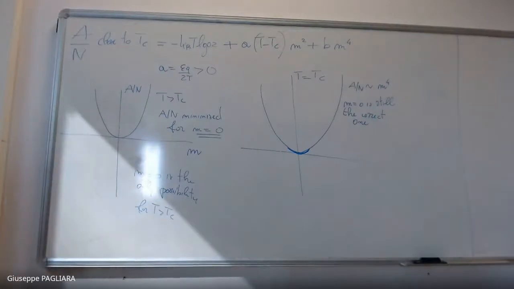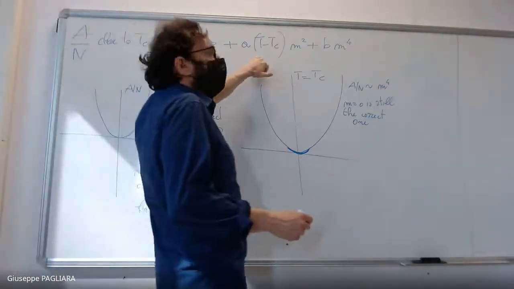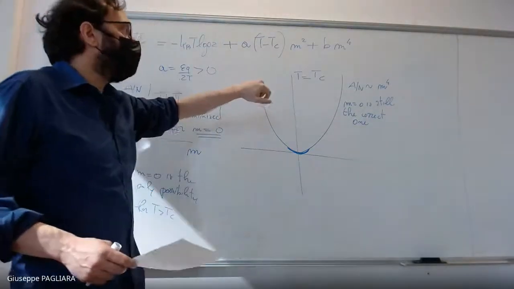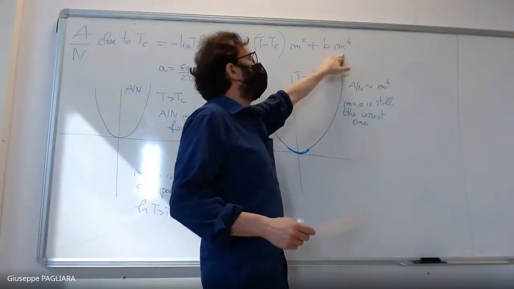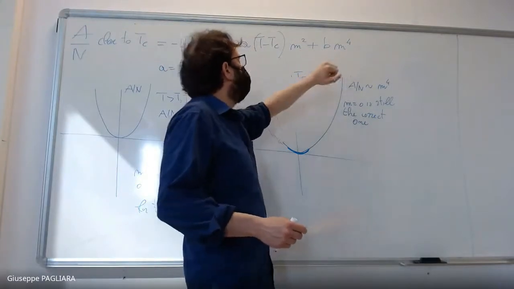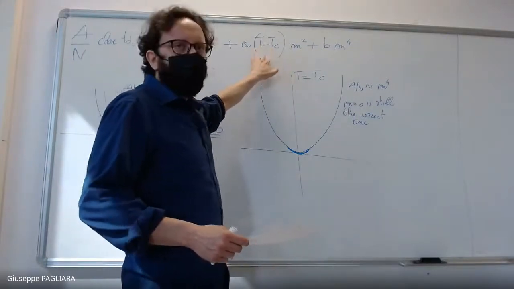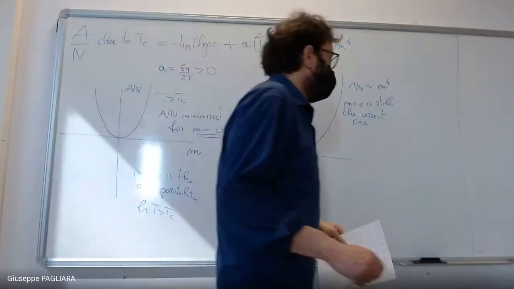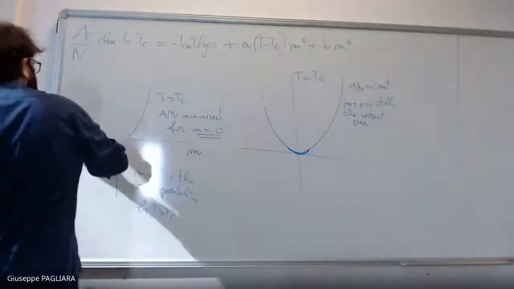Now the magic occurs when T is smaller than Tc. You can try to make a plot of this function also with Mathematica. This is a quartic with a positive term which multiplies the highest power of m, whereas here, if T is smaller than Tc, it is negative. If you make a plot of this, it's very interesting.